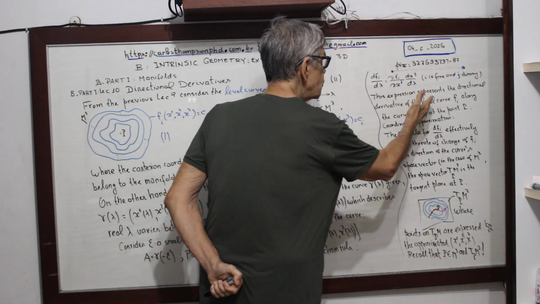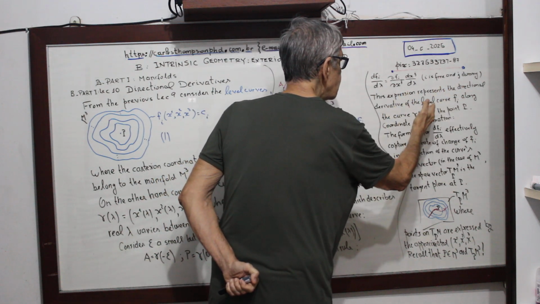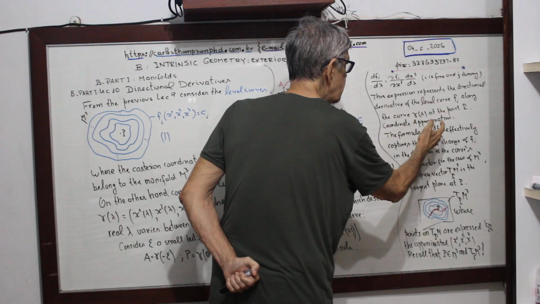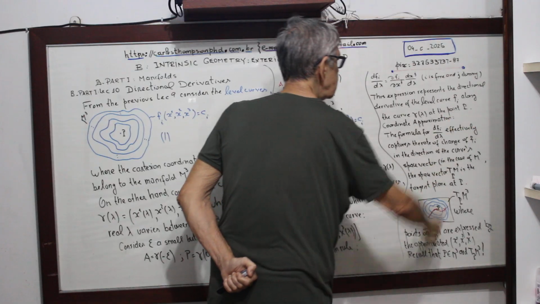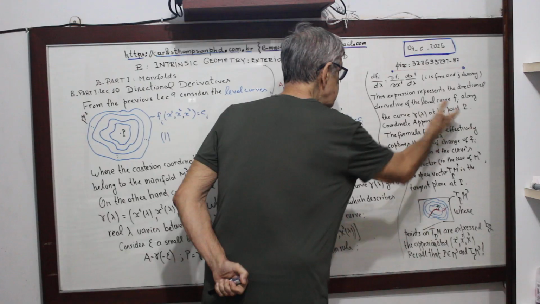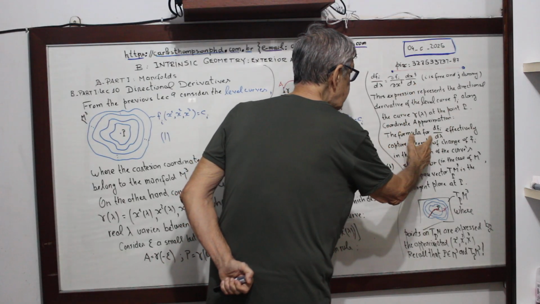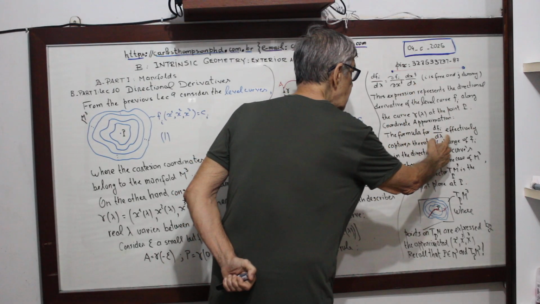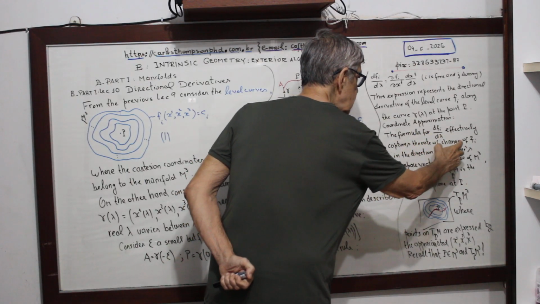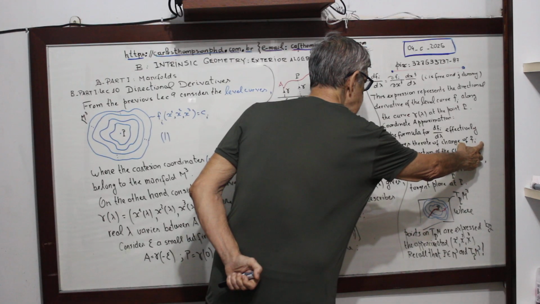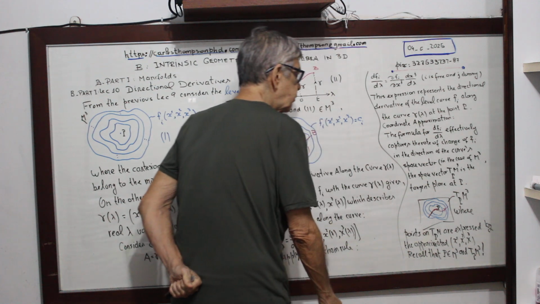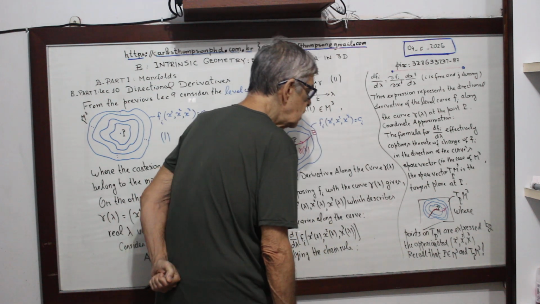So this expression represents the directional derivative of the level curves f_i along the curve gamma of lambda at point P. Now, coordinate approximation: the formula for this directional derivative effectively captures the rate of change of the level curve in the direction of the curve gamma of lambda.